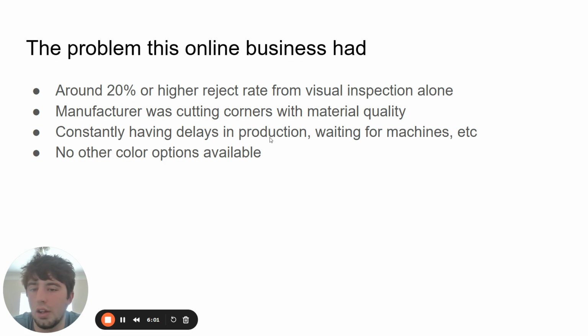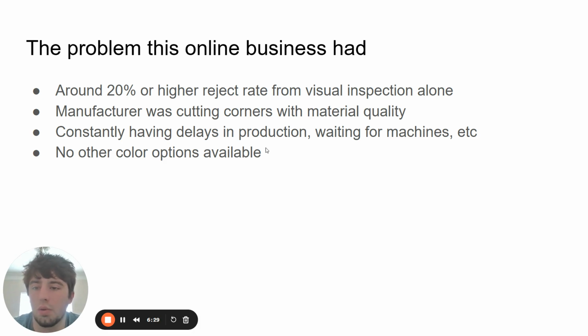We were constantly dealing with delays in production. When we would put an order in, we'd sometimes have to wait for weeks on a machine. We'd have issues come up where we'd be running out of inventory due to some of these issues. Everything was disorganized. If you visited their facility, and this is not knocking them because I'm sure the guy who owns this company means well, you could just tell they weren't very organized.